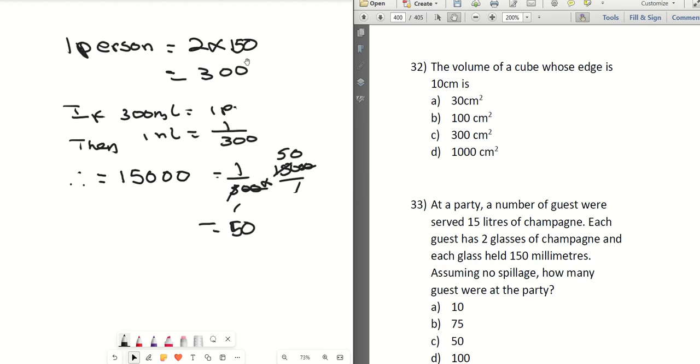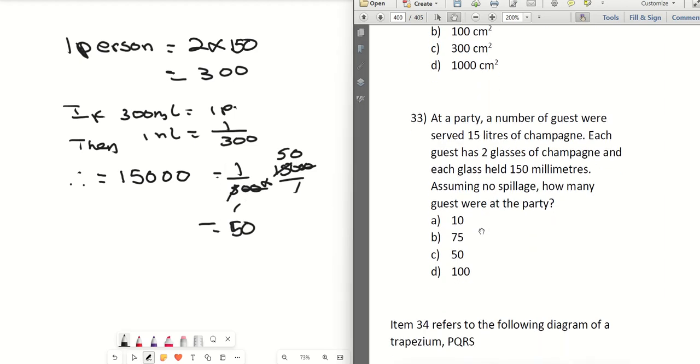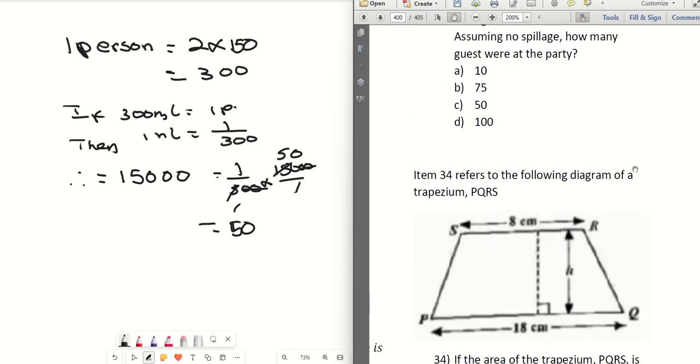One person is 300 mils, because one glass is 150 and each guest had 2 glasses, so 2 by 150 is 300. So if 300 ml is one person, then 1 ml is 1 over 300. 15,000 would be 1 over 300 multiplied by 15,000, which is 50. So 50 persons were at the party.